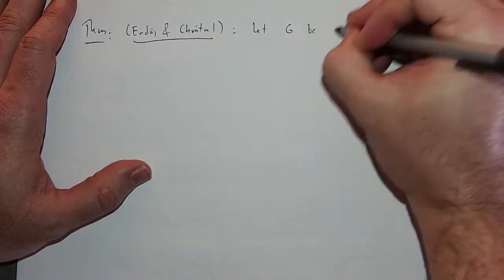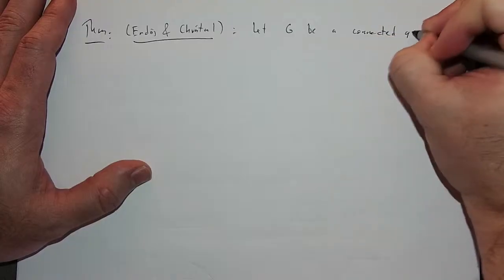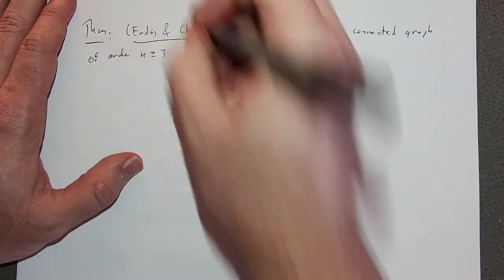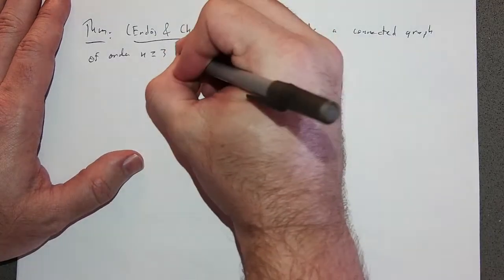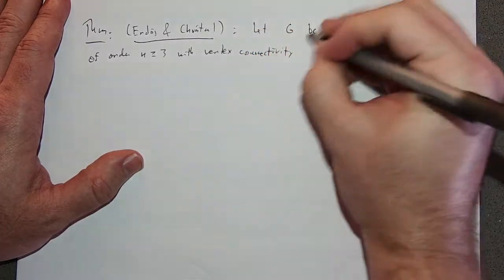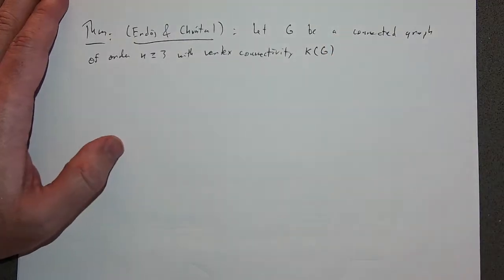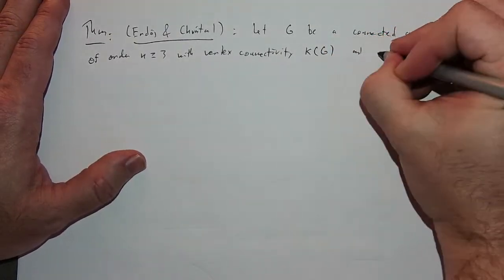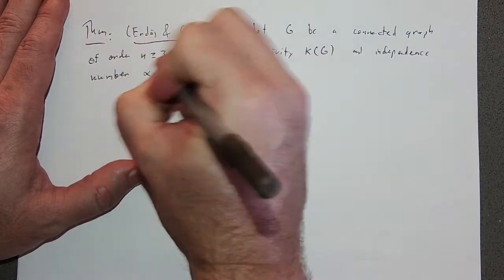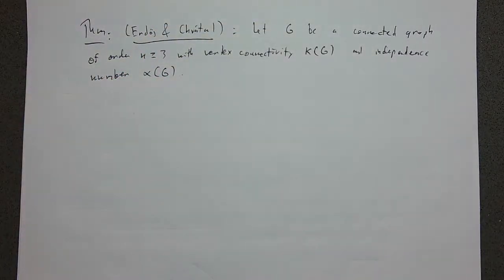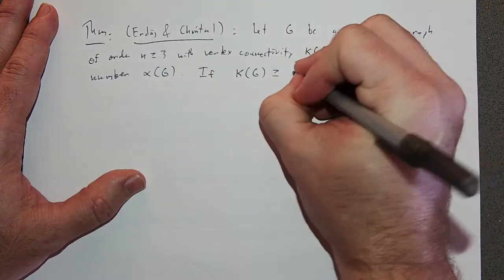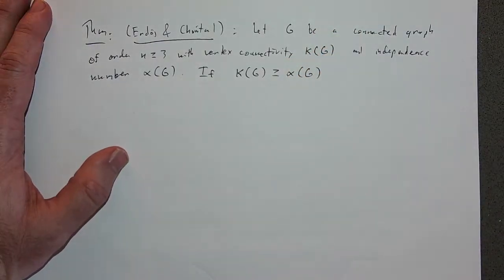So let G be a connected graph of order n greater than or equal to 3 with vertex connectivity kappa of G, remember how this was defined back in section 1, and independence number alpha of G. If this connectivity kappa of G is greater than or equal to the independence number alpha of G, then G is Hamiltonian.